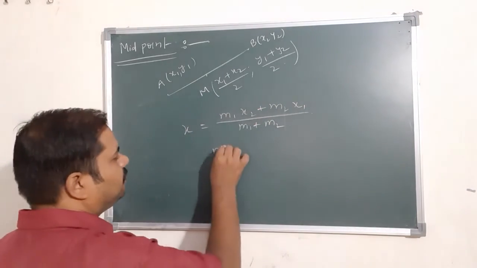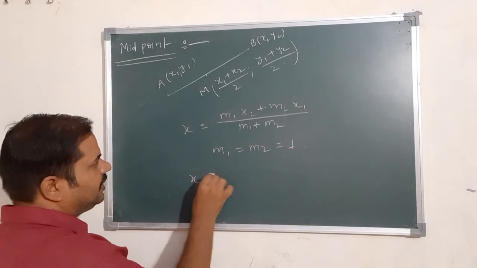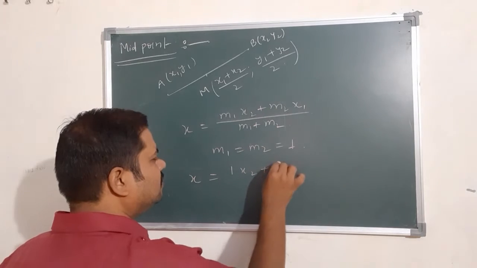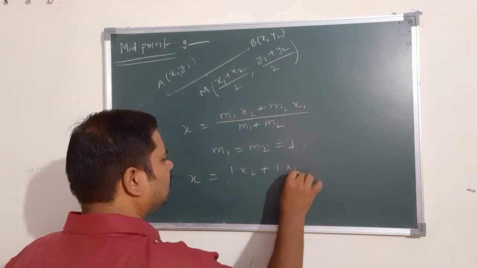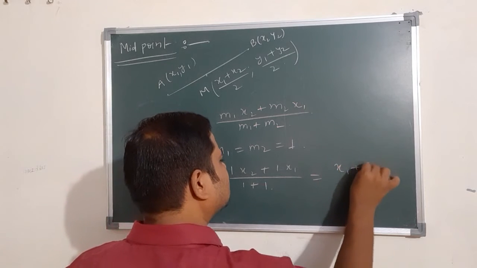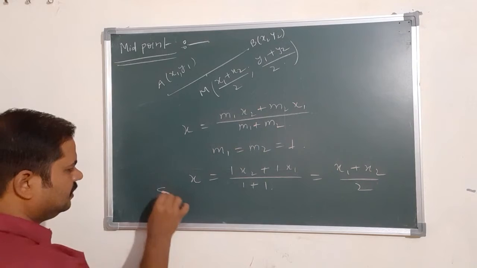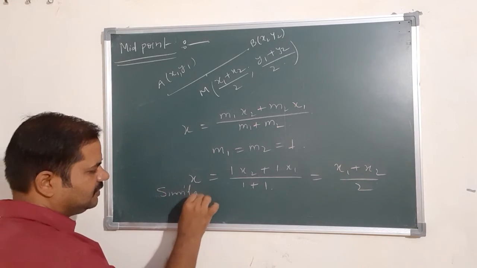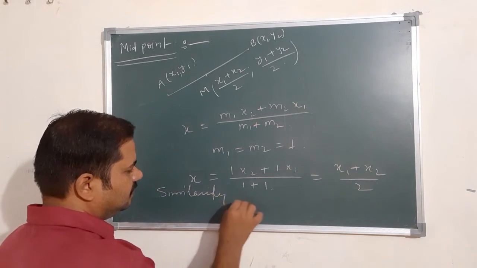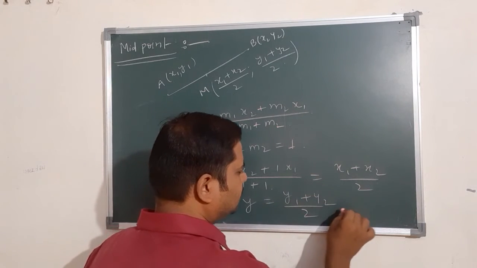If we put m1 equal to m2 equal to 1, we get x equal to 1x2 plus 1x1 divided by 1 plus 1. So this is x1 plus x2 divided by 2. This is the midpoint. Similarly, y is equal to y1 plus y2 divided by 2.